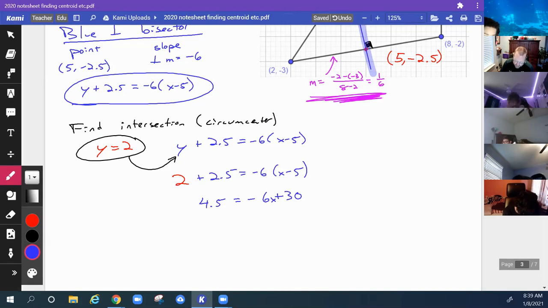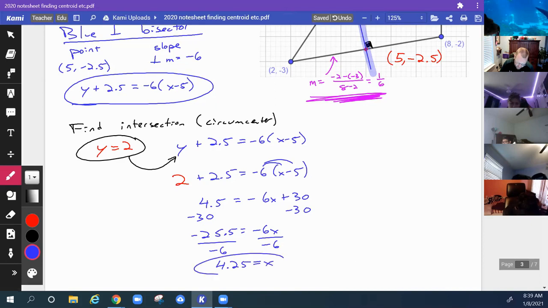If I subtract a 30 over, that'll be a negative 25.5 equals a negative 6x. Divide by negative 6, you should get 4.25 is going to equal x.